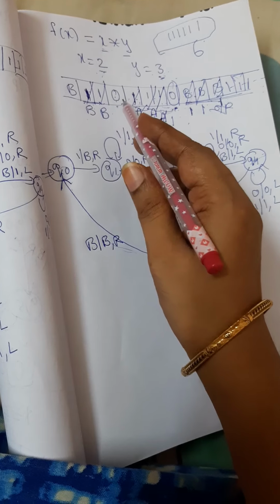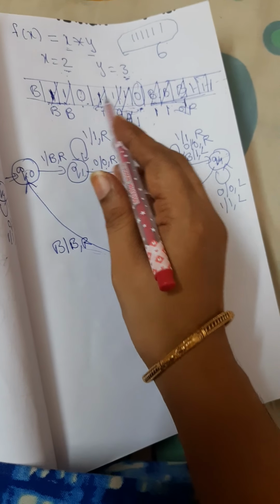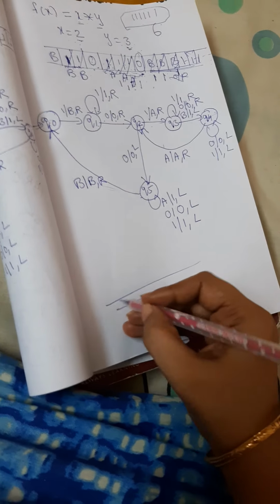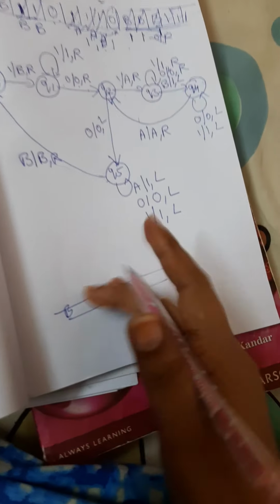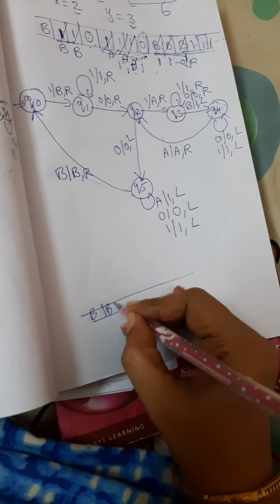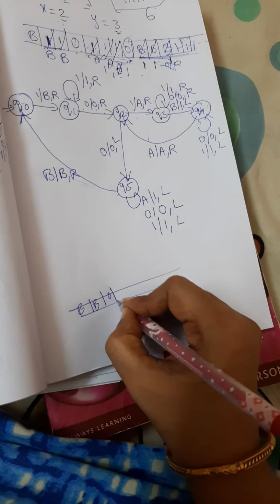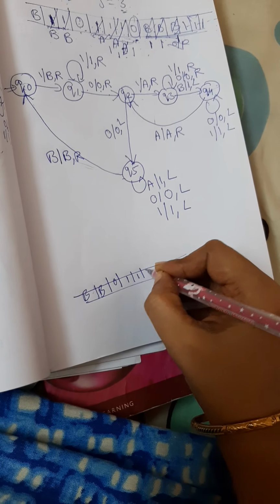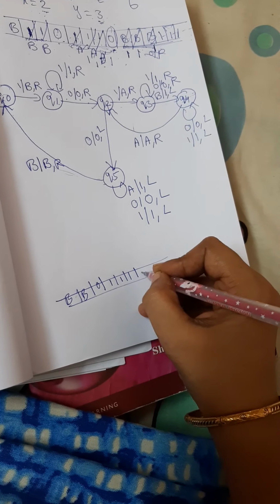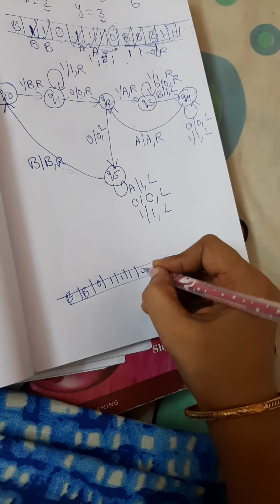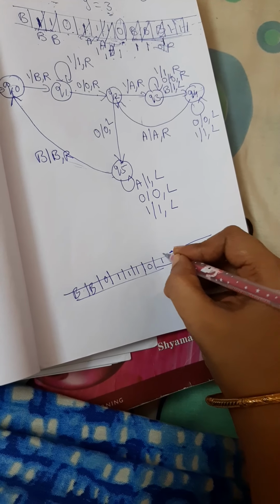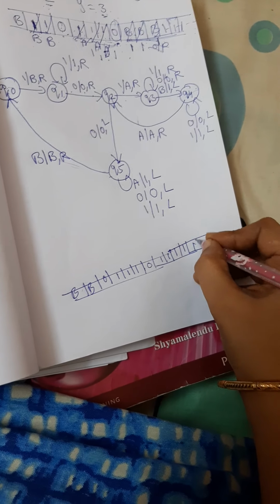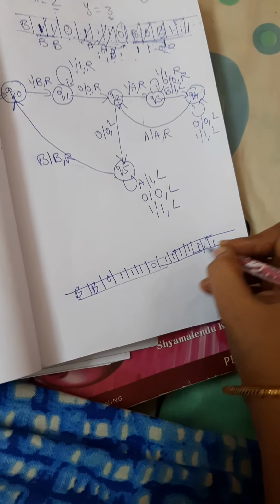So at the Q0 state, finally what you have in the table is blank, 0, and all this in the second iteration also you are making as ones, and remaining you have 6 ones here: 1, 2, 3, 4, 5, 6 ones you have.